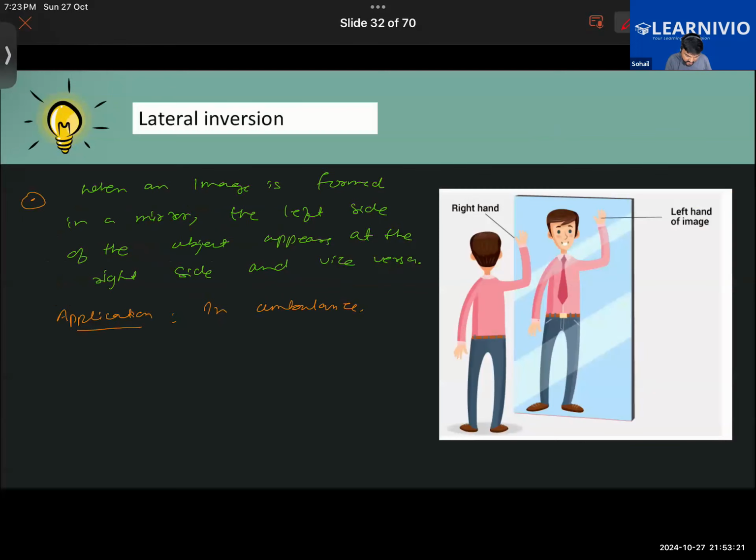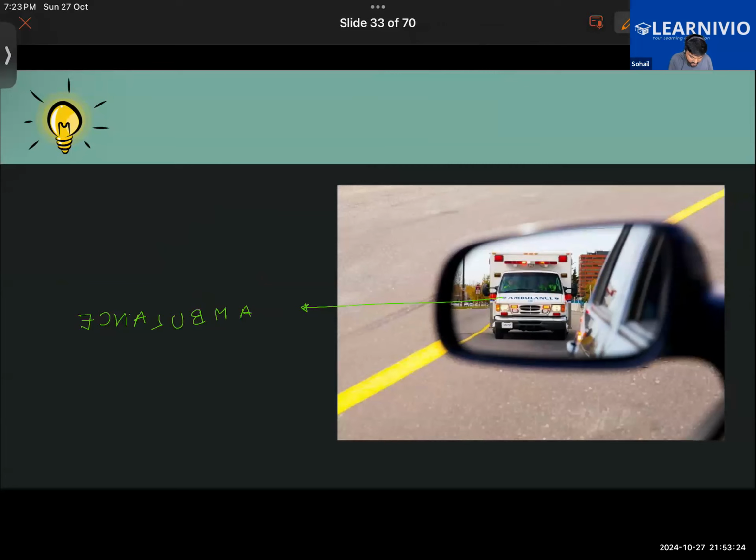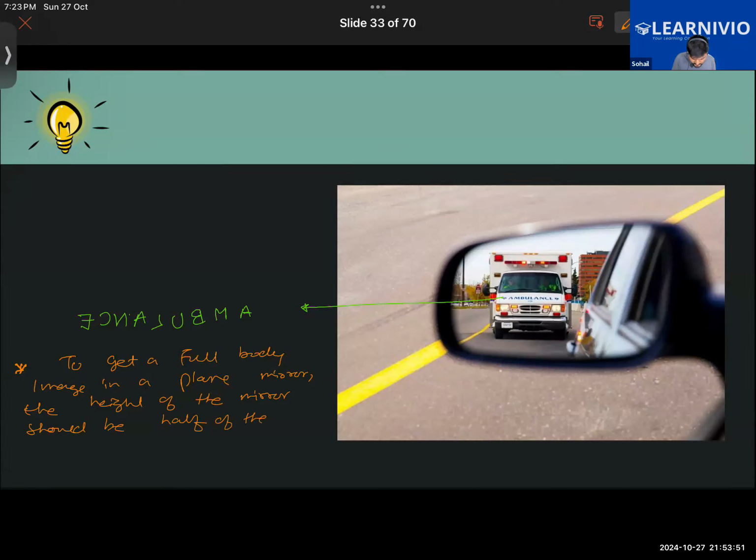So let me write it over here. An important point is that to get a full body image in a plane mirror, the height of the mirror should be half of the height of the person, or basically of the object.